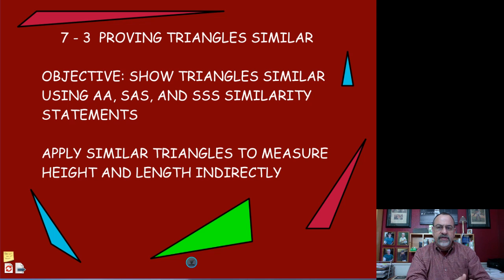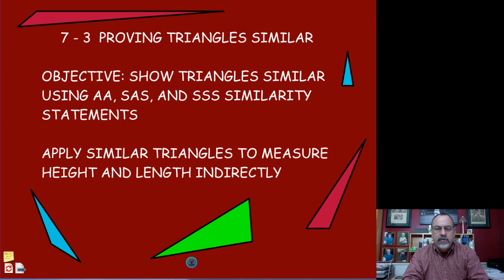So just like in the previous lessons, we are going to want to start with that similarity ratio, and the nice thing about it is when we use SSS or SAS to prove triangles similar, the ratios that we have to use in order to prove the triangles similar is at the same time the similarity ratio as well. So we're actually figuring out two things at once if the figures happen to be similar.